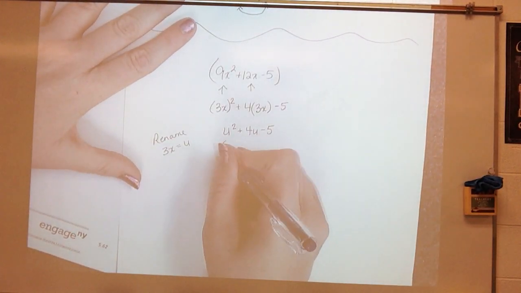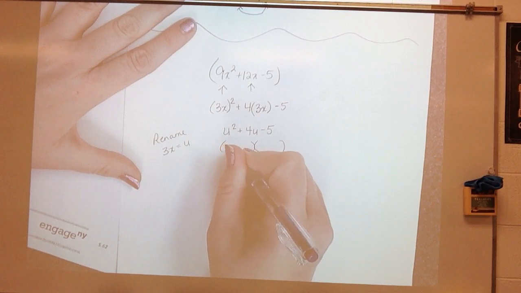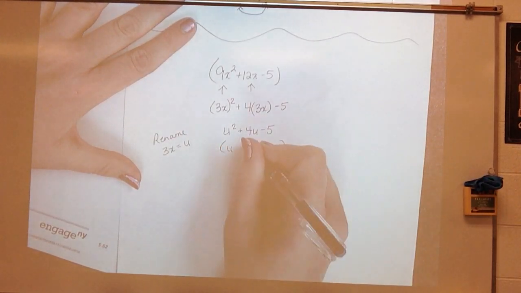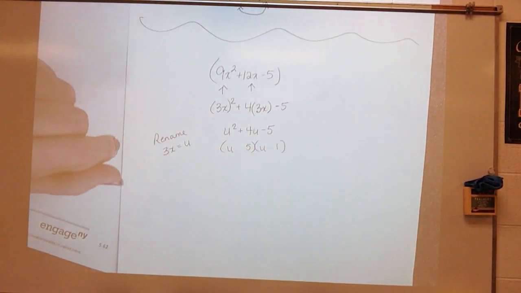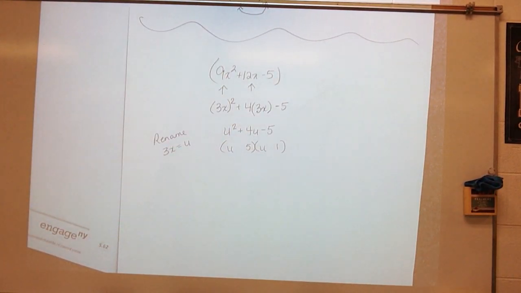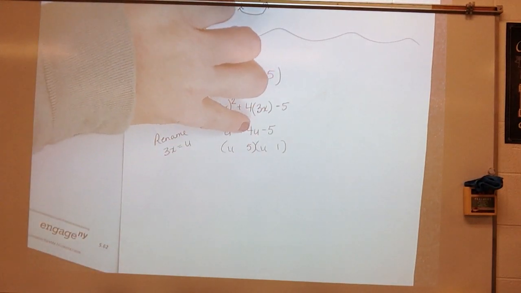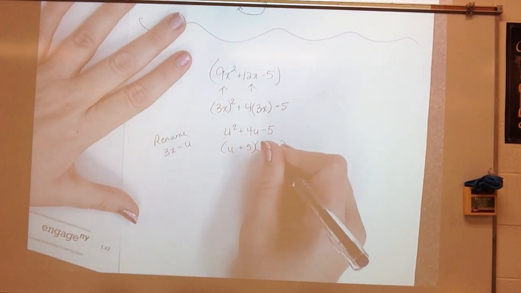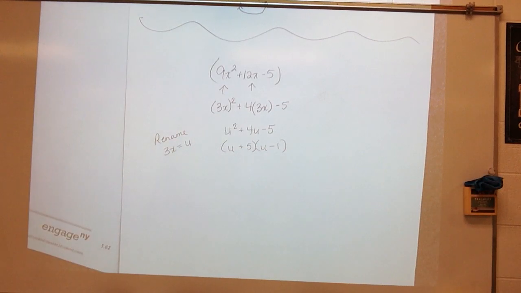Now, I can factor that. U and u, only one way to factor 5. And because it's a plus minus, I've got to be able to subtract to get 4. 5 minus 1 is 4. It's a plus here, so I want my biggest number to be a 5, or be a plus. Alright?